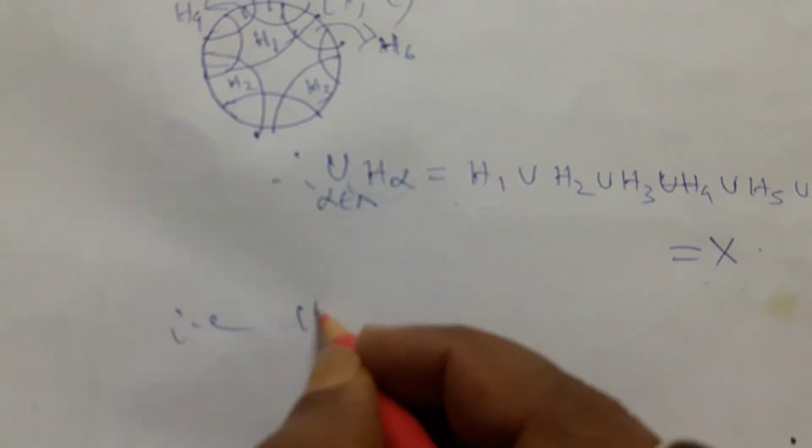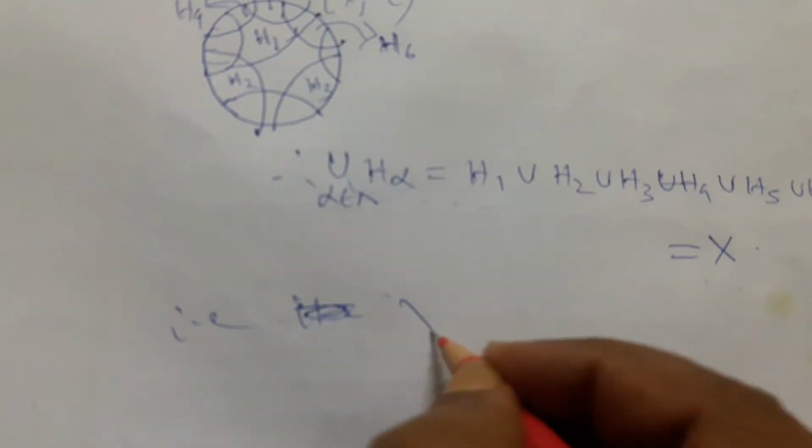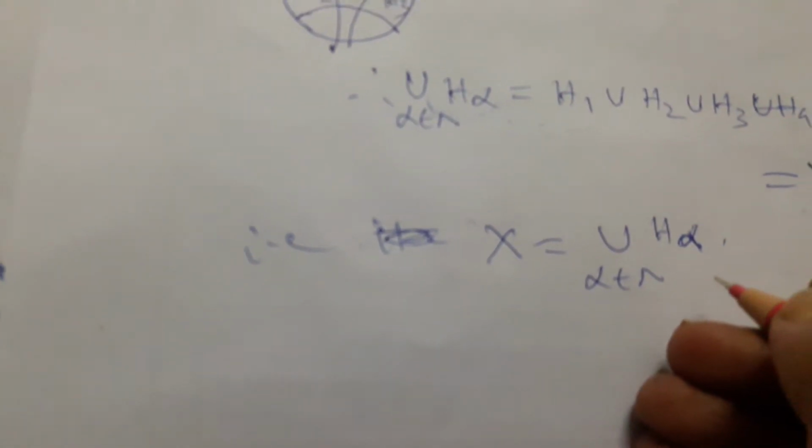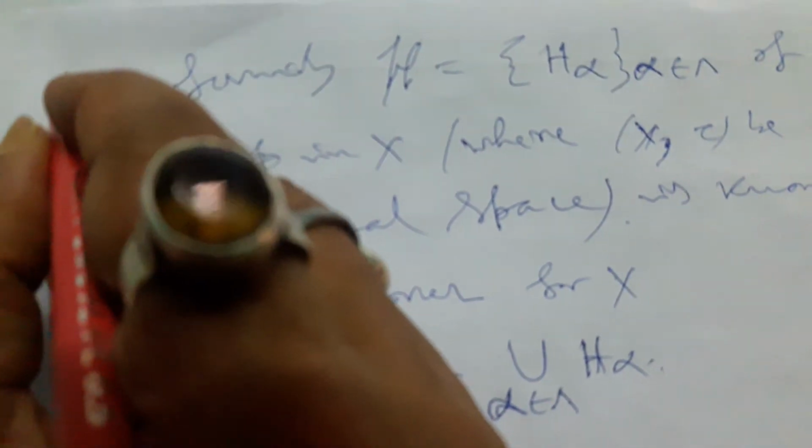So we can say X is equal to the union over alpha belonging to the index set of H alpha. So we are getting some idea about open cover, and open cover can have a finite subcover. We already gave this idea for real number systems, and this is our concept of open cover, the first definition, definition number 1.